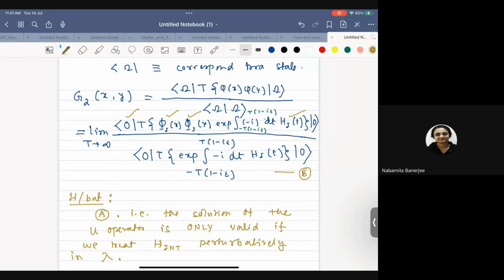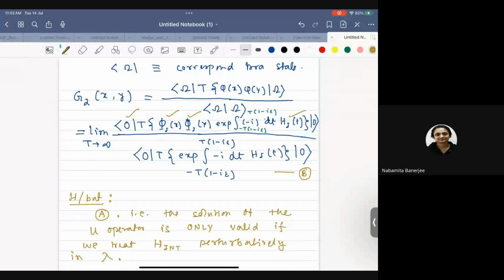For example, QCD. QCD is only asymptotically free. You cannot always treat an interaction perturbatively. And if you cannot do that, then the solution that I have provided you does not hold. It is only valid if you can treat the interaction perturbatively, which is actually good enough for a huge bunch of theories and physics that we encounter.